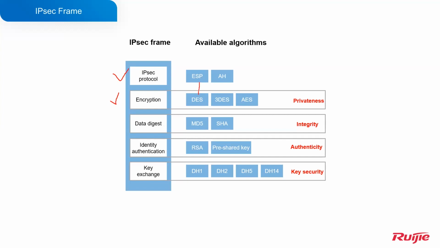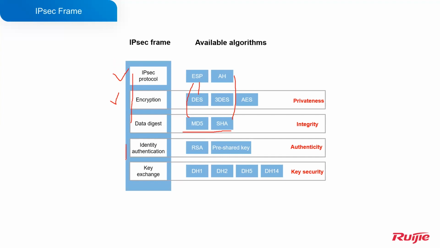This one is for ESP. And about the data digest, you can use MD5 and SHA1. These two belong to authentication. You can use them in ESP or also in AH. And another one is for identity authentication. This one is for the IKE peer. These three parts are for IPSec.